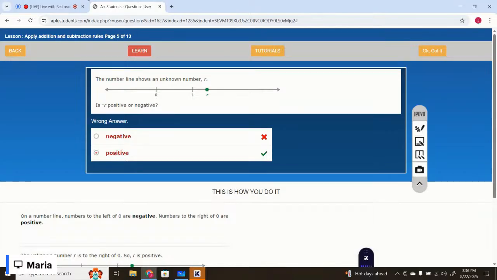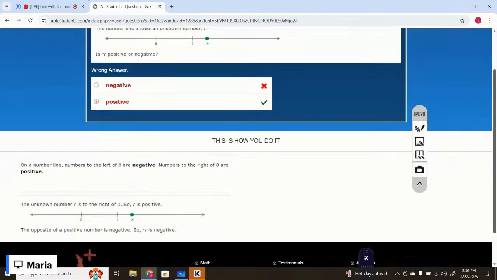R is already on the positive side, so negative R would be negative. Yes, negative R is negative. There is something wrong with the choices.